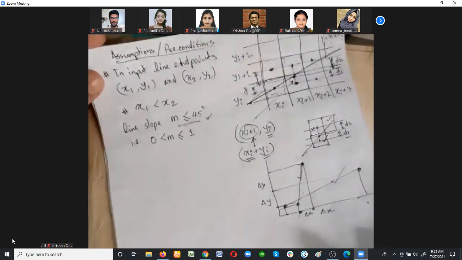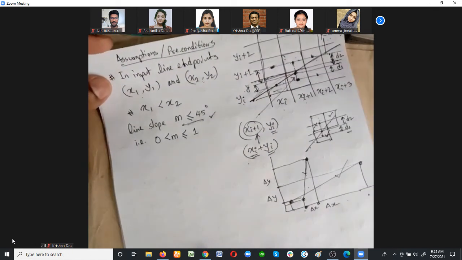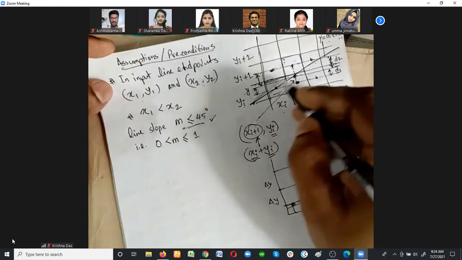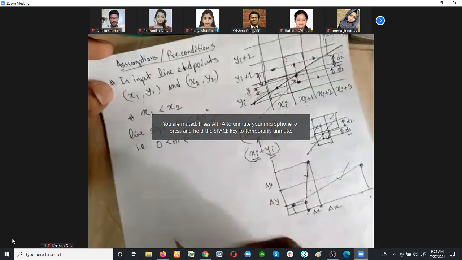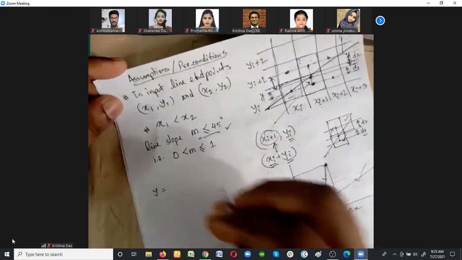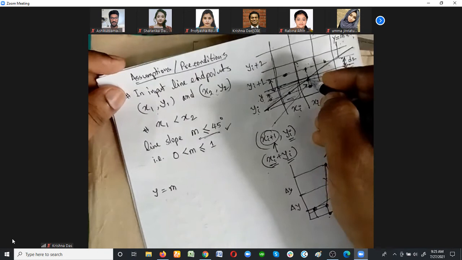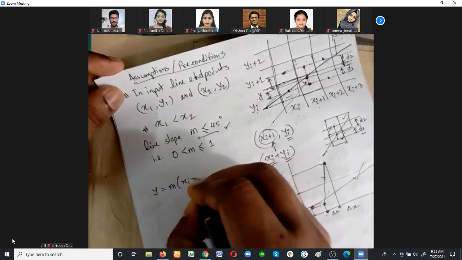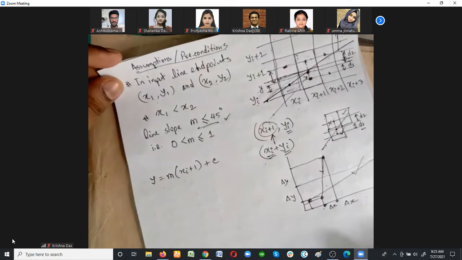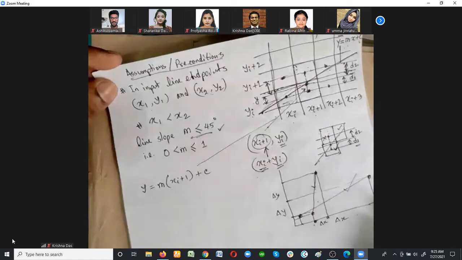If we consider this point, for which we are considering y, and we have the equation for it, what does it become? y equal to mx plus c or b. Now what is x here? xi plus 1. We are talking about the equation of this point.